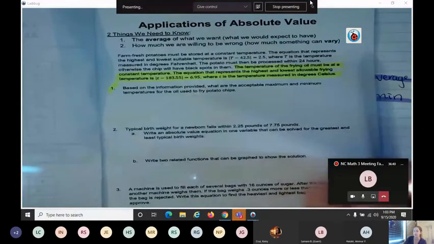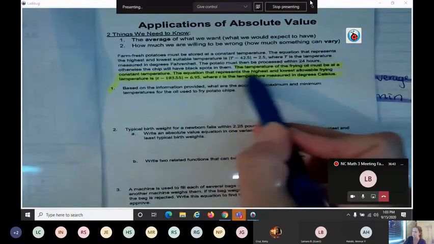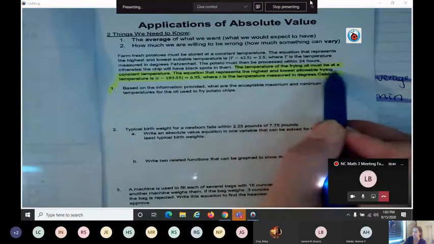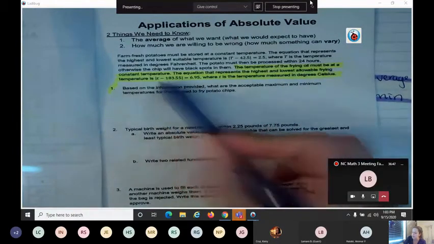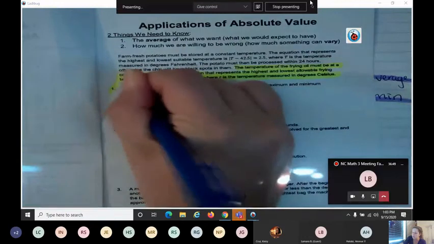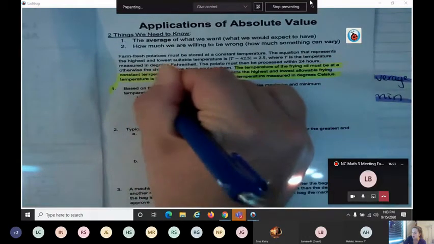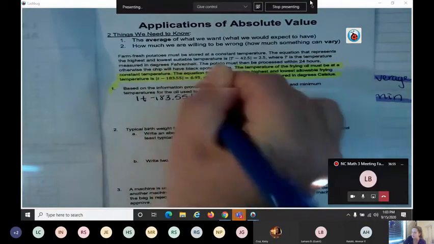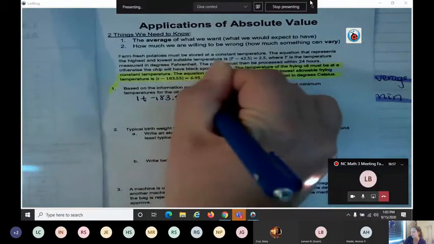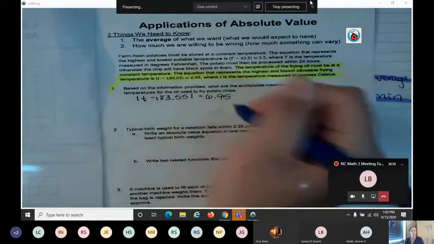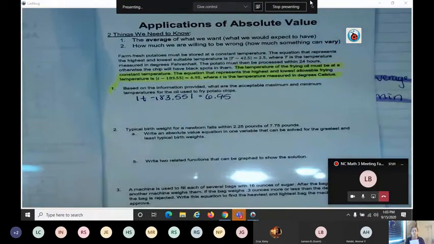So it tells us that the equation that represents the highest and the lowest frying temperatures is the absolute value of T minus 183.55 is equal to 6.95. So this is the equation that we're going to use, and that was given to us in the problem.